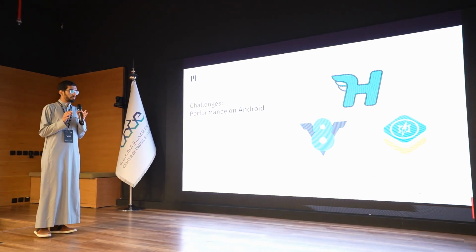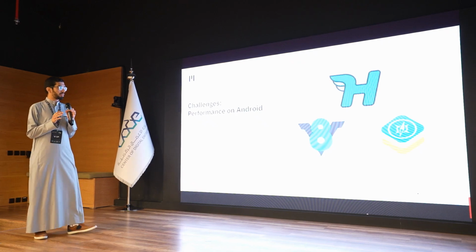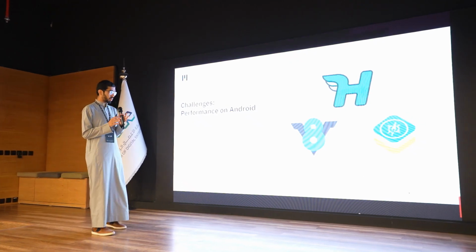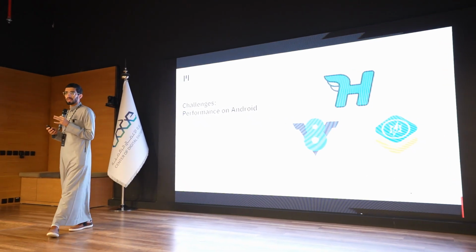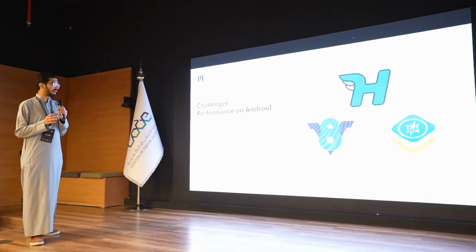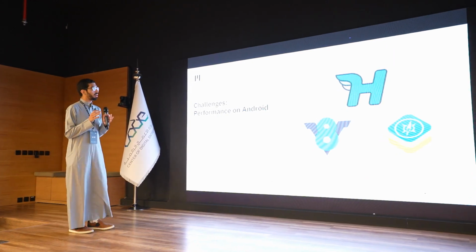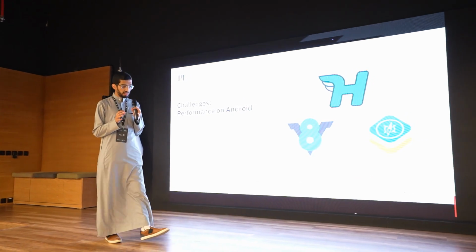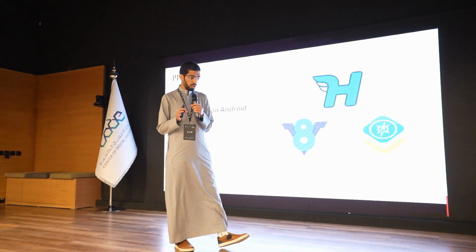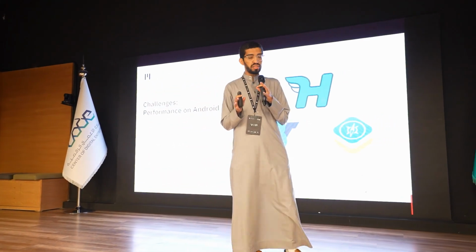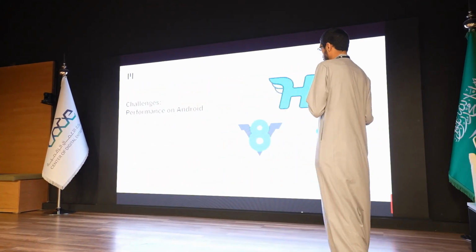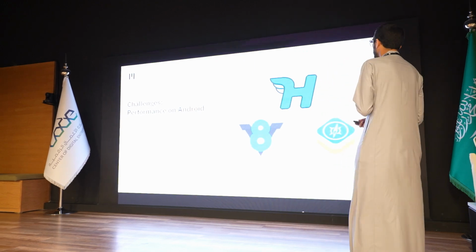So make sure to test your app on Android to make sure the performance is usable. Yeah, I know our market demographics, almost all users use iOS, but you have to make sure Android is also working properly.